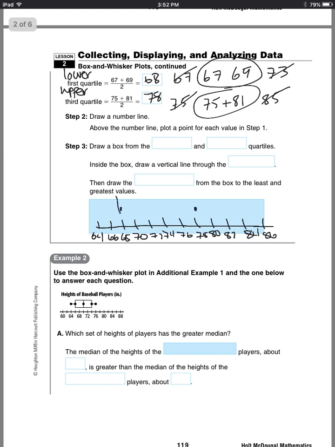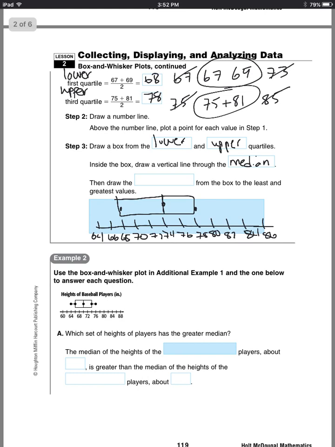And we're going to draw a box to connect those two. Inside the box, draw a vertical line through the median. That's the median of the entire set of data, which earlier we found out was 74. So we go like that.